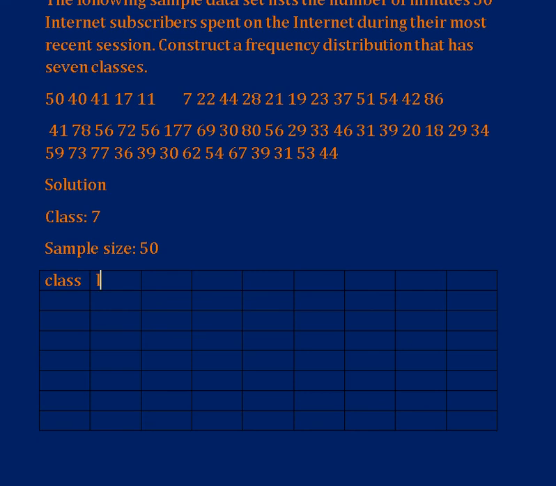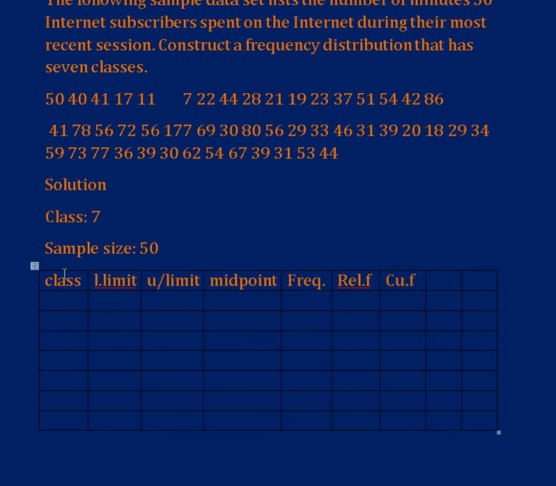The first one I want to have is the classes. I'm going to have the lower limit, the upper limit, the midpoint, the frequency, the relative frequency, and the cumulative frequency.